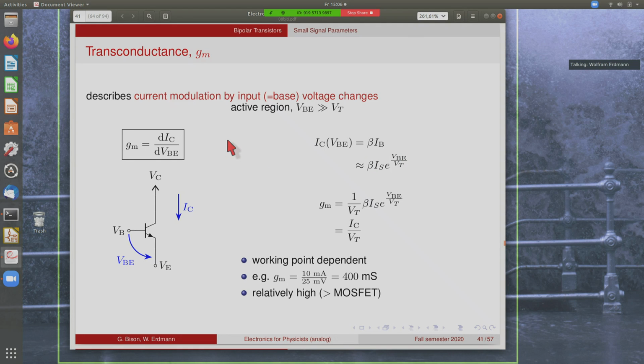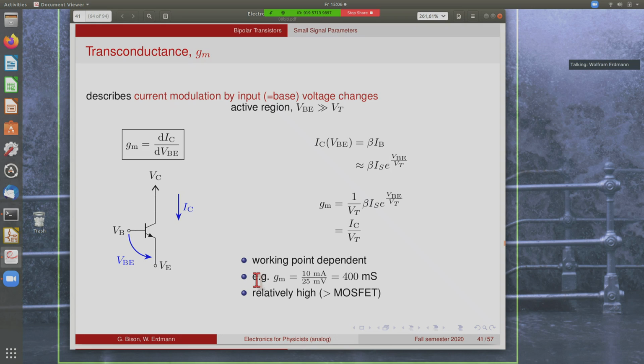Then we take this derivative. You find that GM is 1 over VT from this derivative here, multiplied by the same factor again. So it's simply the GM is the collector current divided by the thermal voltage. Now this obviously is working point dependent because the collector current is a function of the working point.